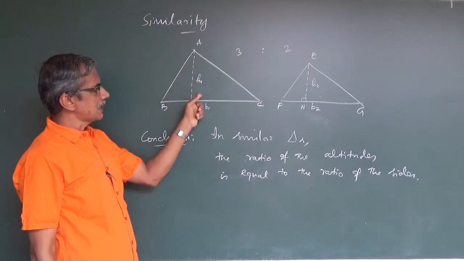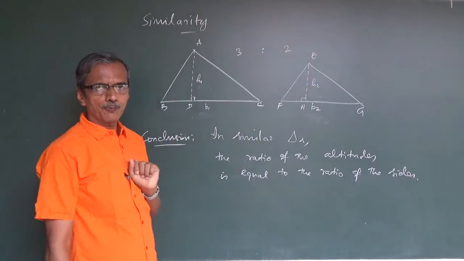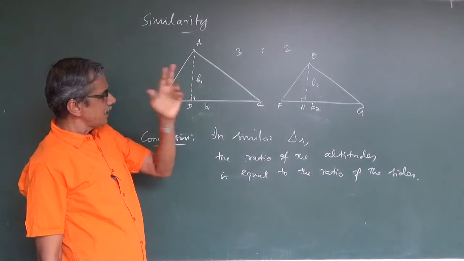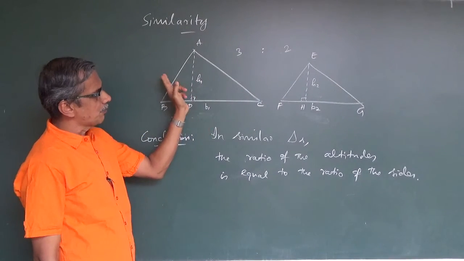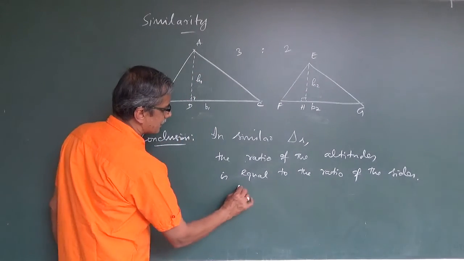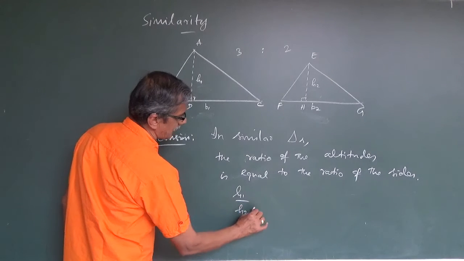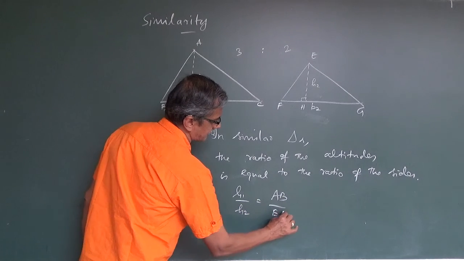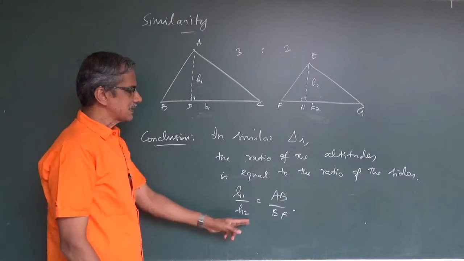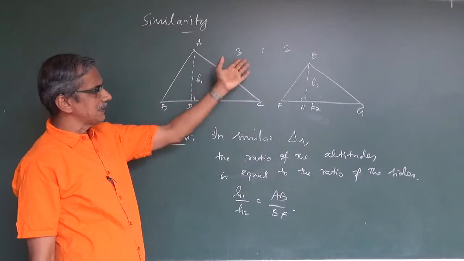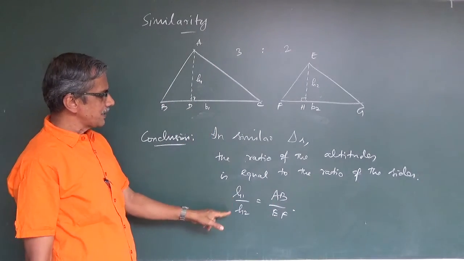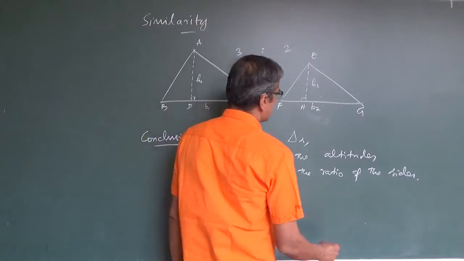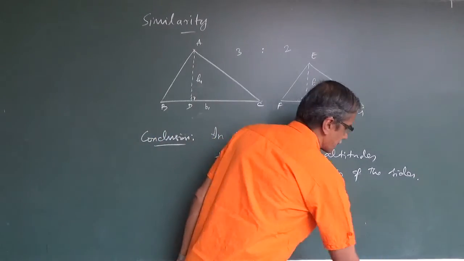That is, these altitudes are also proportional. That is, H1 by H2 will be equal to AB by EF. This is the side ratio. In this case, I have taken an example of 3 by 2, so H1 by H2 will also be 3:2. I hope you understood this.